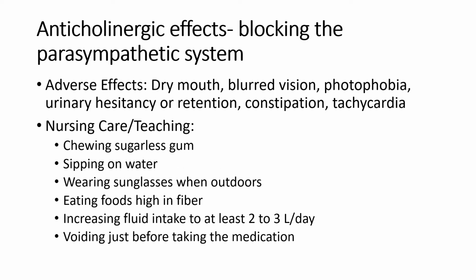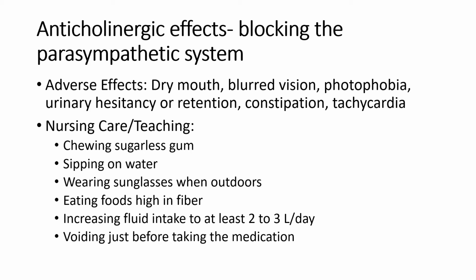So all you need to do now is go back to that initial slide and see what the parasympathetic system did in the first place, and if it's blocked, what's going to happen in terms of symptoms.